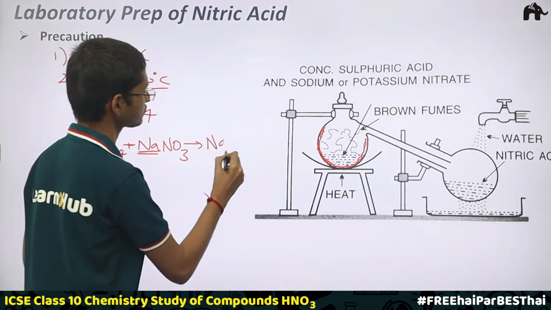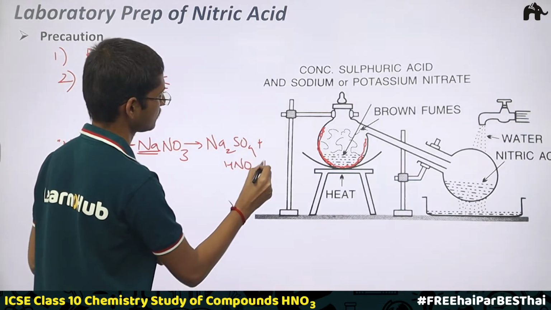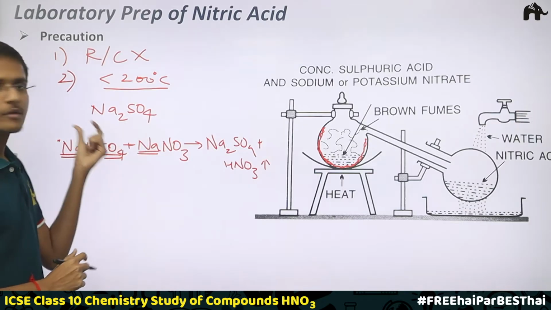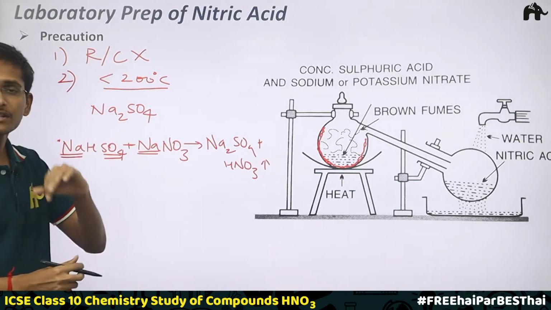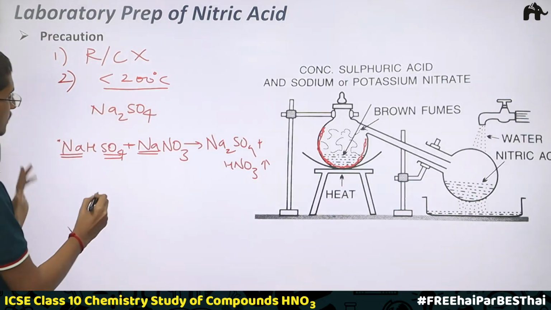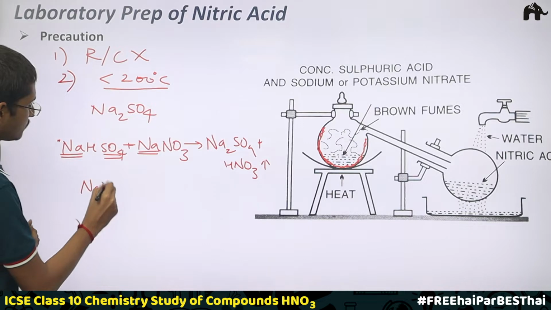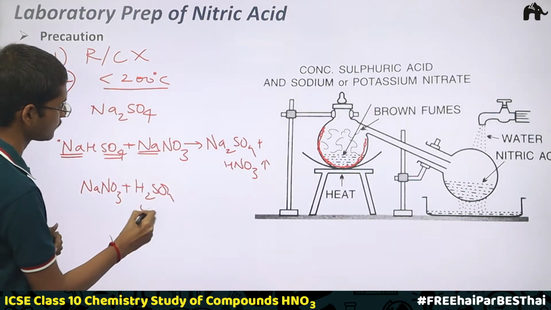So in this way, this Na2SO4 would be formed. The other reaction for this is, if we would carry out this reaction directly from the initial point itself above 200 degrees Celsius. Now we are taking NaNO3 and concentrated sulfuric acid.